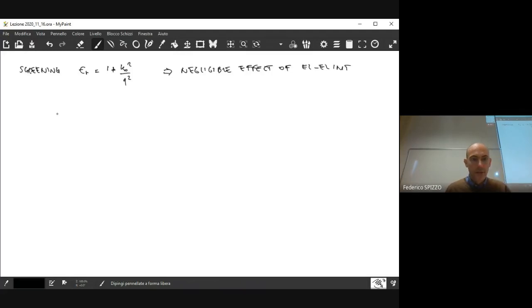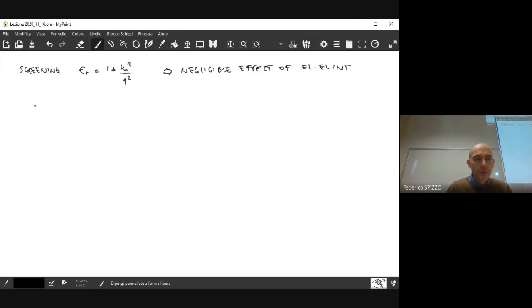The other physical motivation can be understood if we consider what happens when we have two electrons that, due to the interaction potential, interact with each other.